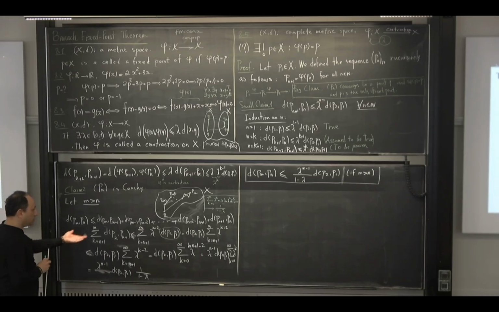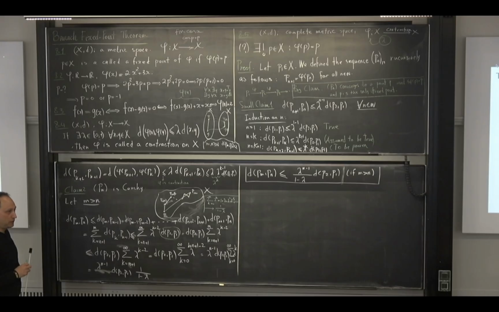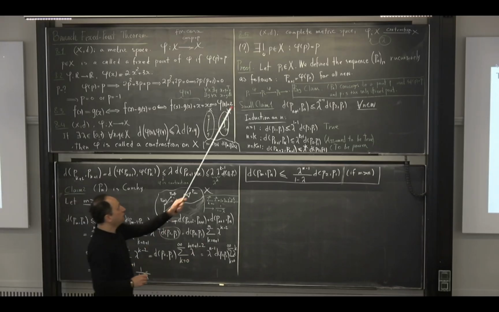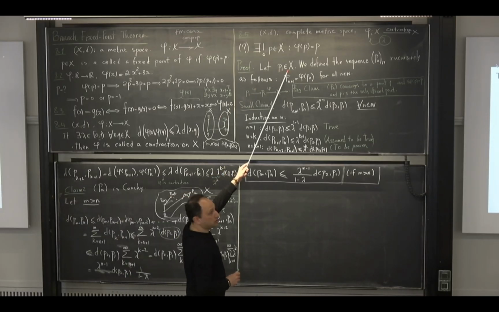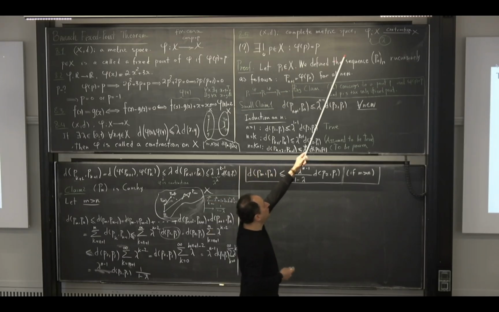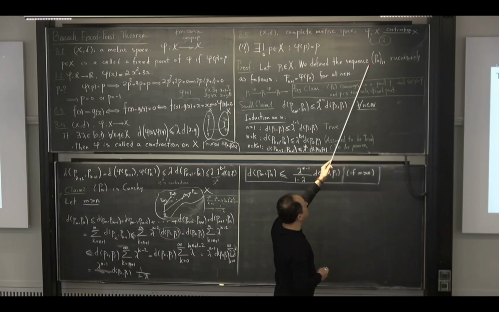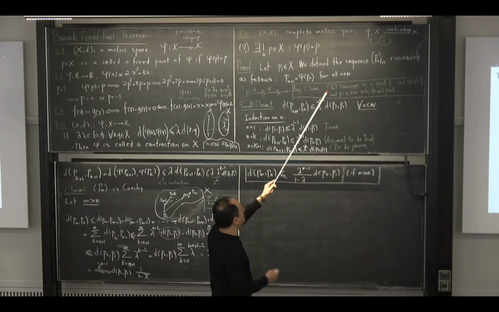So, now can you finish the proof? Do you remember what I was doing? Let us review. I randomly chose one element from X, and I started using my contraction map to make a sequence for you out of nothing, more or less, recursively like this. My big claim is that this sequence will converge to a point.